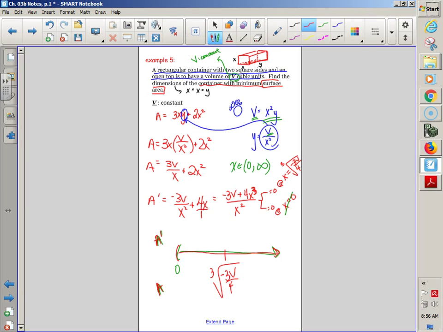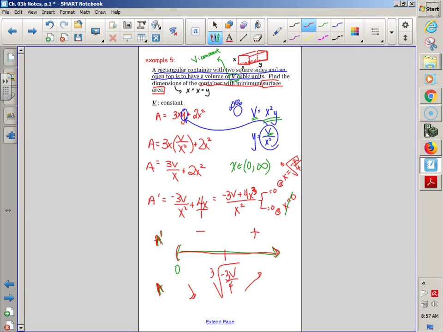So plugging in 1, assuming our volume is something, into our A prime. Ultimately, we can deduce that whatever the measurement is on the left will be negative and positive.